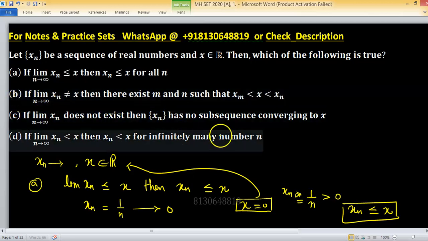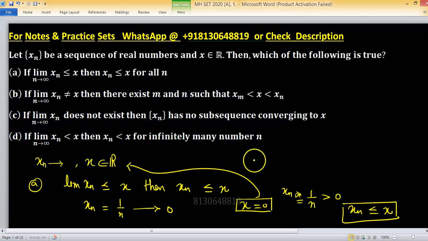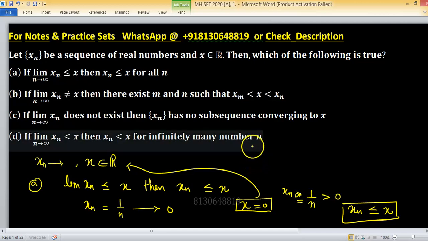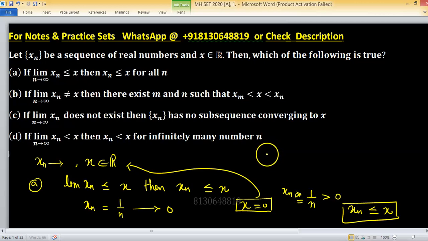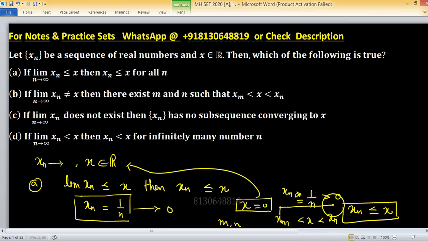Option B says if limit xn is not equal to x, then there exist m and n such that xm is less than x, which is less than xn. Again consider the sequence xn. Then there is no m, n such that xm is less than x less than xn.